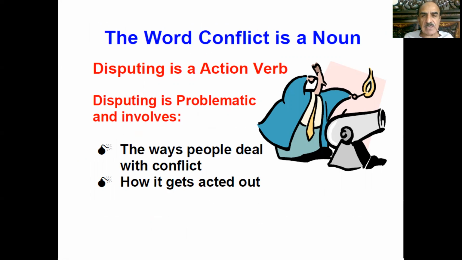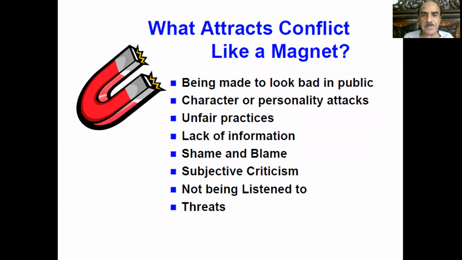Now, disputing is an action verb, and conflict is a noun. Disputing is problematic and involves the ways people deal with conflict, how it gets acted out. Now, conflict is enhanced with many types of behaviors, like being made to look bad in public.